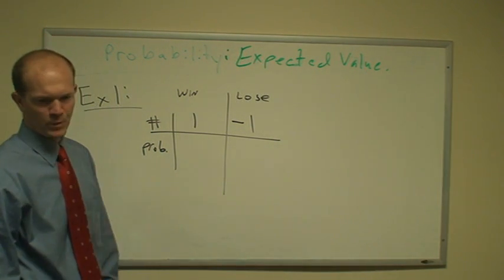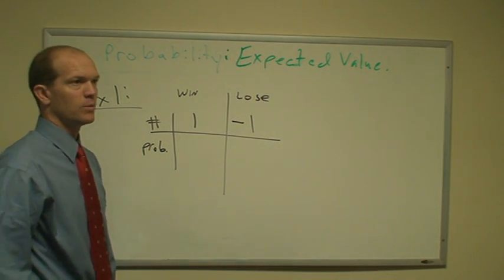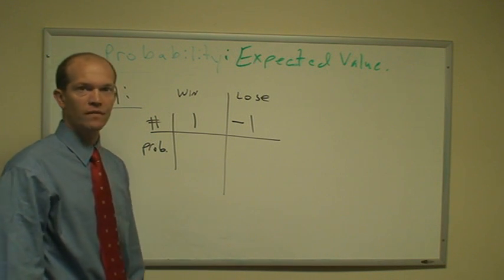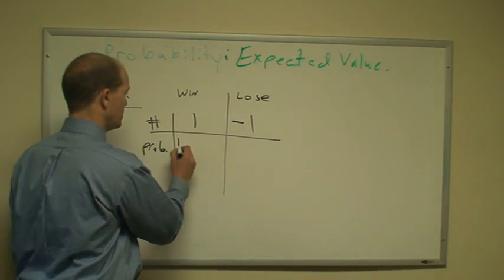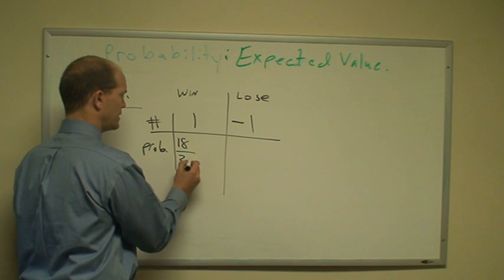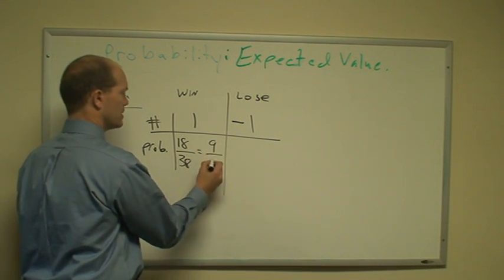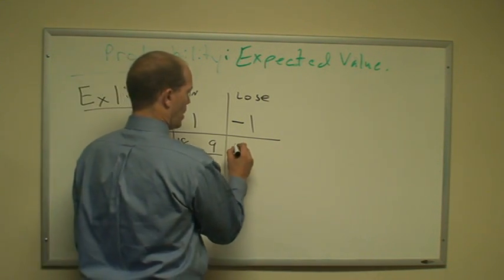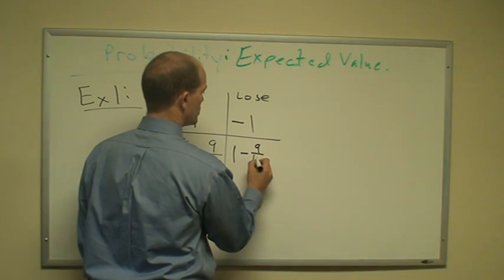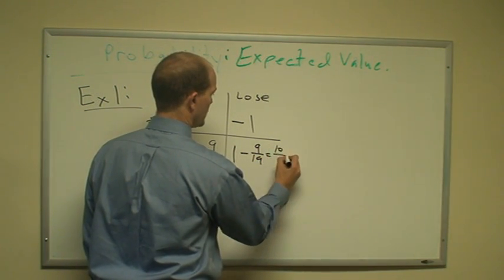The probability of winning, well, of those 38 numbers, 1 through 36, half of 1 through 36, 18 of them are odd. 18 over 38. I can simplify it, doesn't really matter if I do. The losing numbers, probably that should be 10/19.